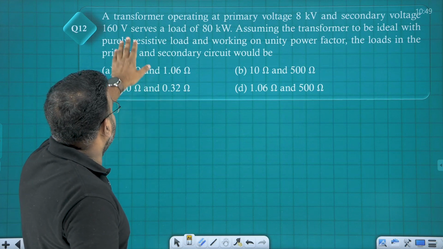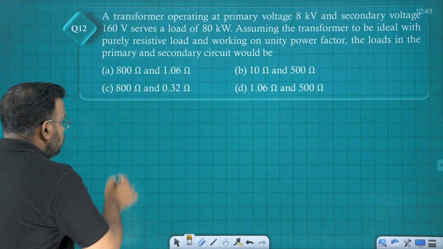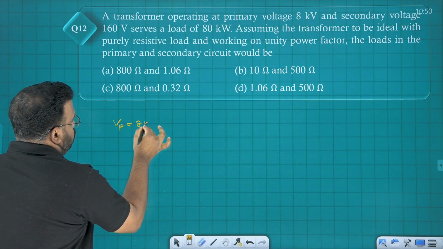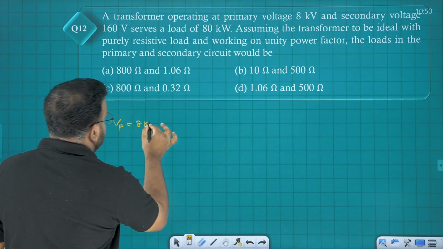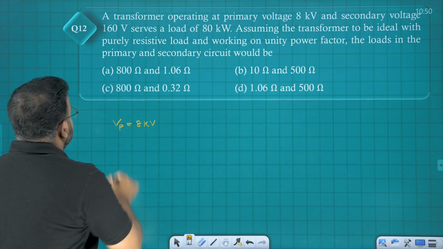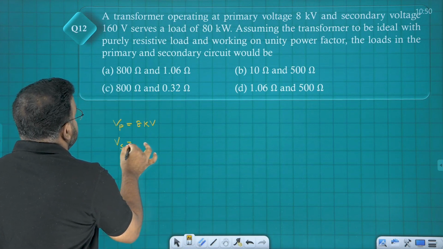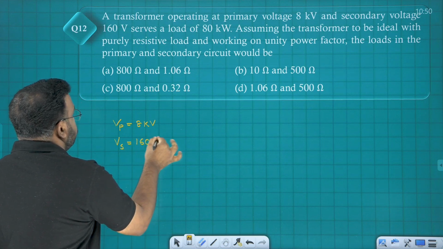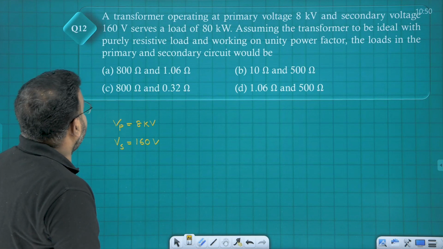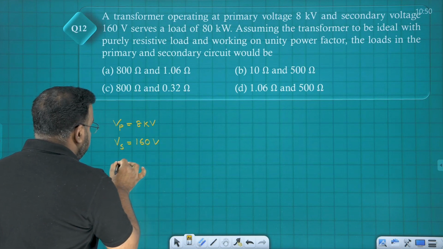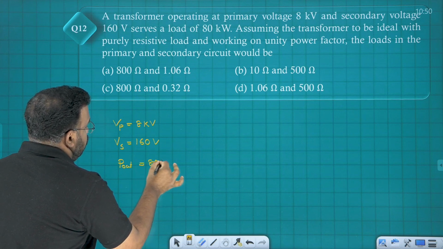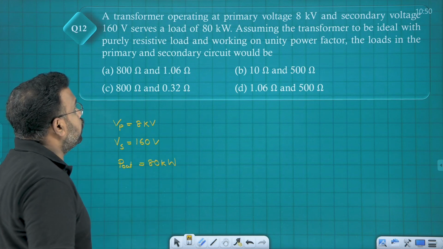Remember students, the primary voltage Vp is given as 8 kilovolt, and the secondary voltage Vs is 160 volt. Load of 80 kilowatt means the output power P out is 80 kilowatt.